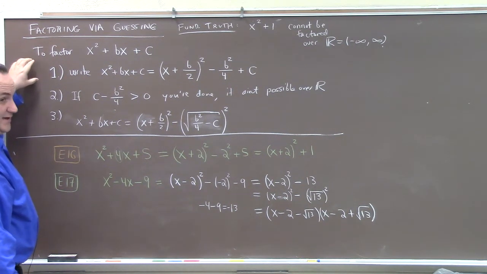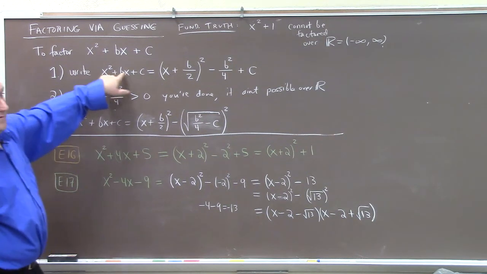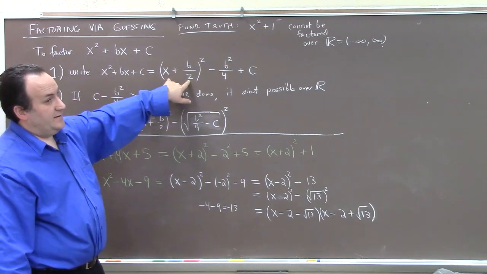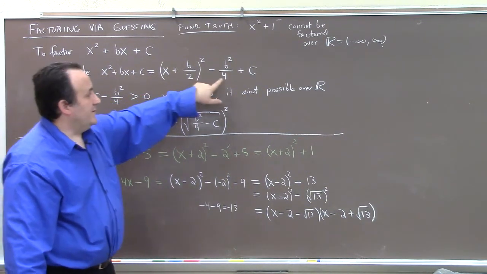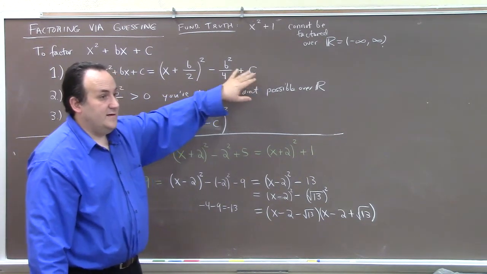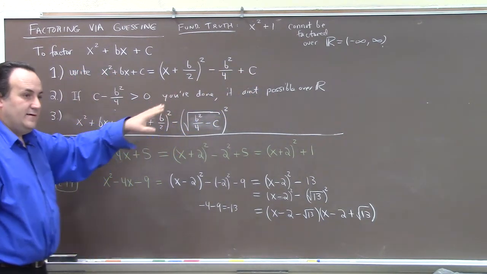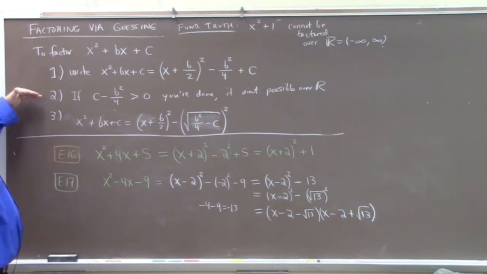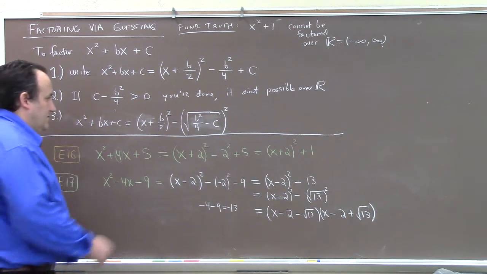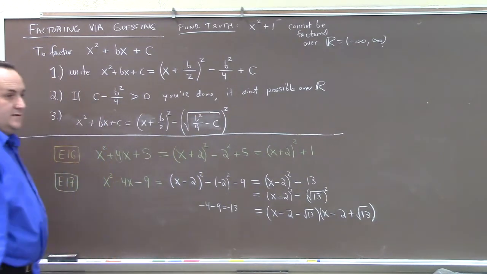It's mechanical. I take half of that thing. I take x plus that half thing. I square. I subtract the square of whatever number here, and I just keep the plus c. There's no guessing in there. That's arithmetic. And then there are two cases. It's either a sum of squares or a difference of squares. And if it's a difference of squares, we can fall back on the difference of squares formula, and this always factors. There's no guessing.